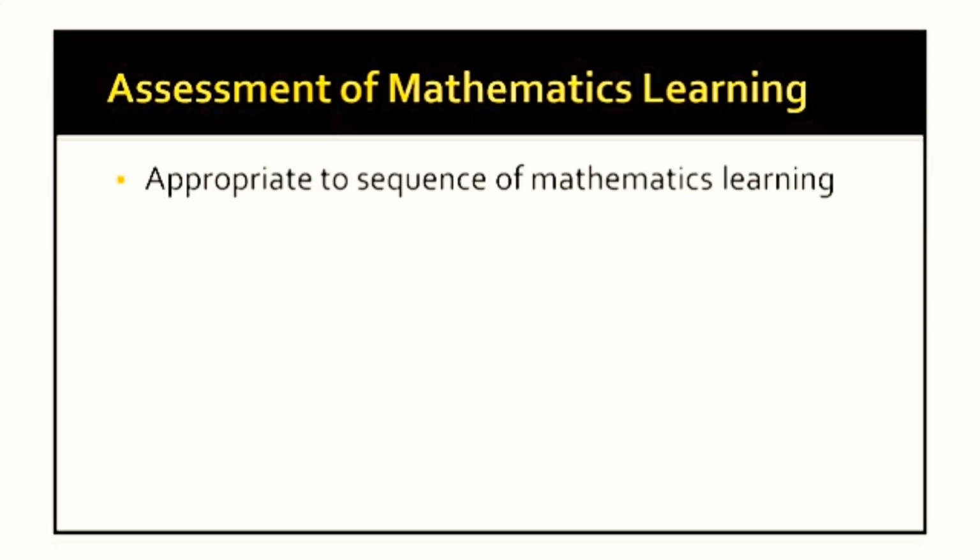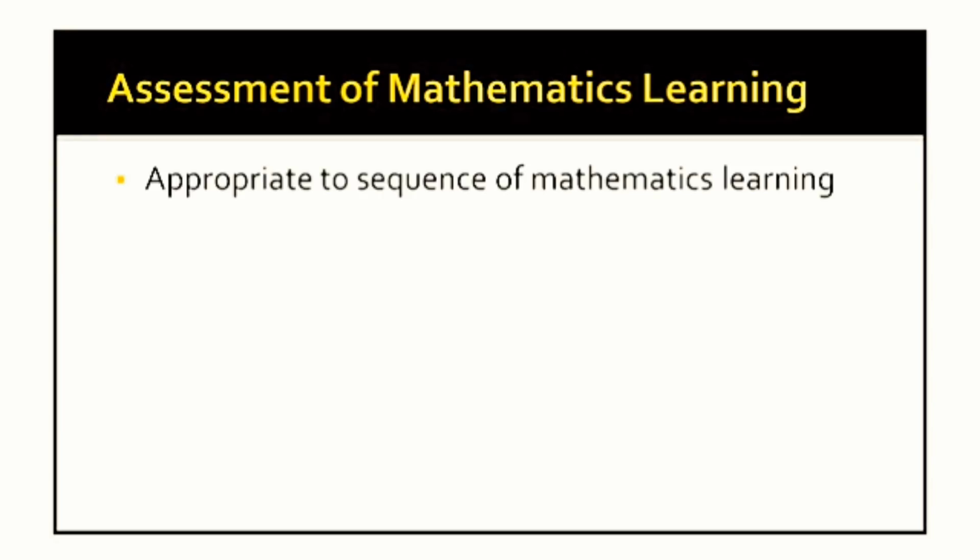There should be an appropriate sequence of mathematics learning. You must have seen when you were in school that each textbook has a sequence of chapters, and we don't say chapter X, chapter Y, rather we say chapter 1, chapter 2, chapter 3. This is because all the content in different subjects has a logical and psychological order.